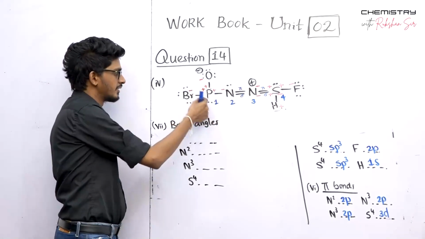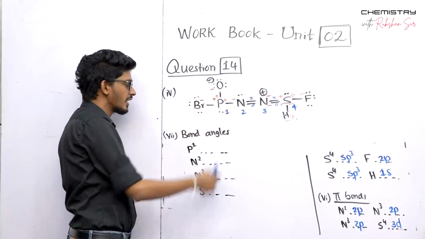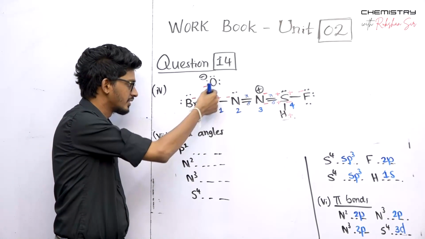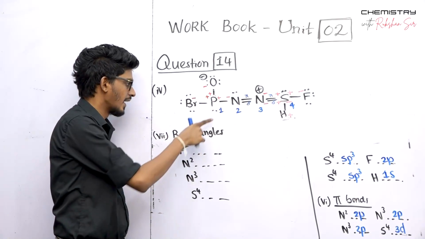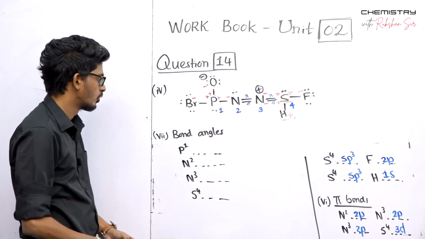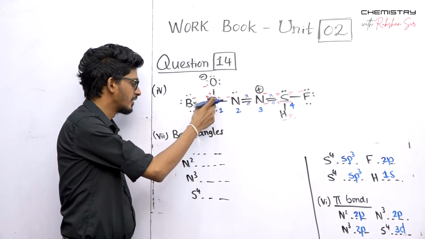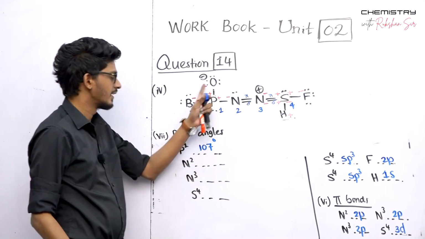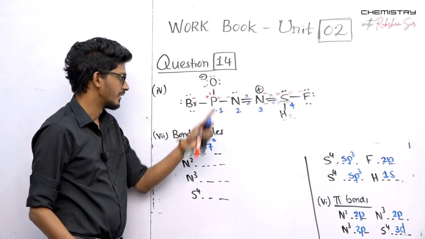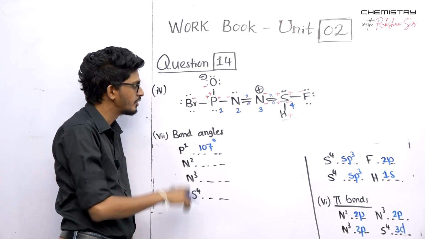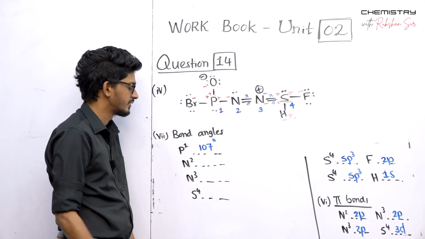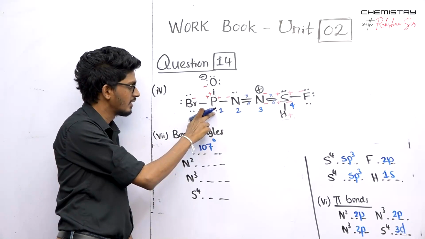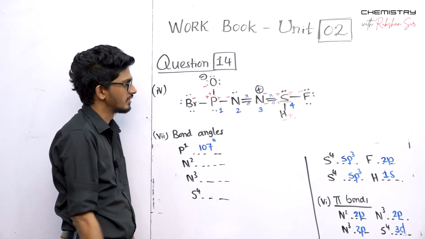This one has a tetrahedral electron pair geometry, which means 109, and you have one lone pair. So 109 minus 2 is 107. Basically, first come up with the angle of the electron pair geometry, then deduct 2 units per lone pair. So tetrahedral geometry means 109, one lone pair is there, so 2 units are deducted, 107.